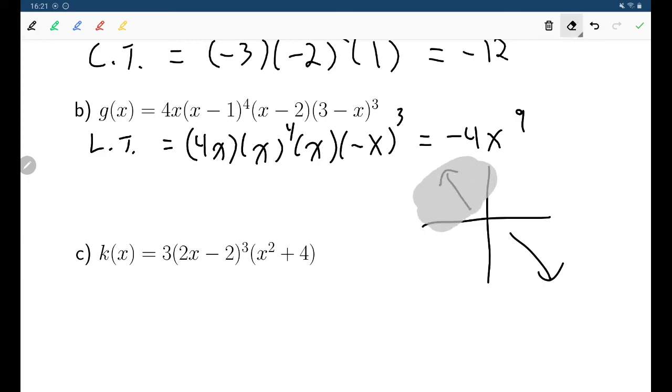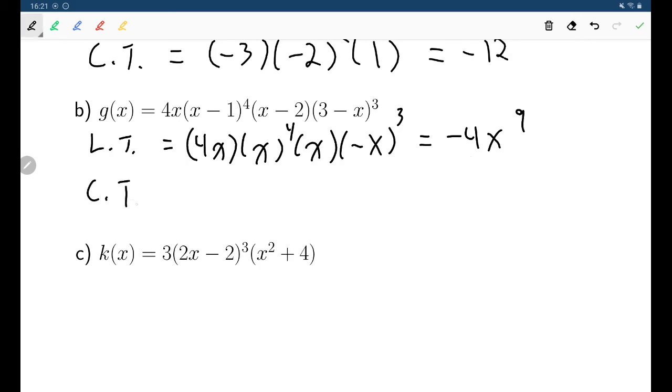And then if we wanted to know the constant term, again, same thing, we're multiplying together the constant terms for all of our factors. We do have to be a little careful here, because in this first factor, 4x is the same thing as 4x plus 0. The constant term for that first factor is 0.